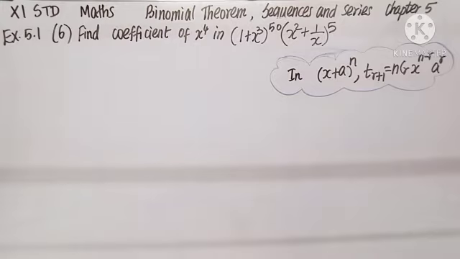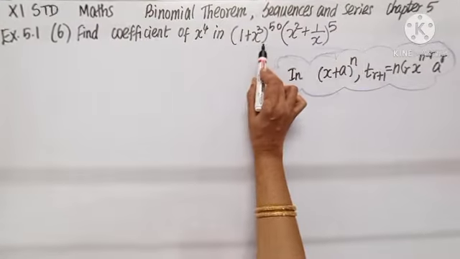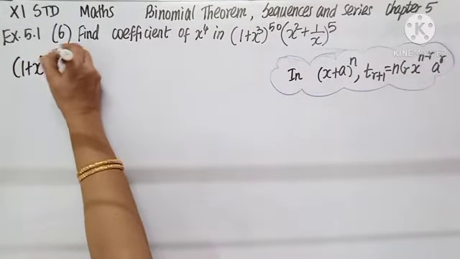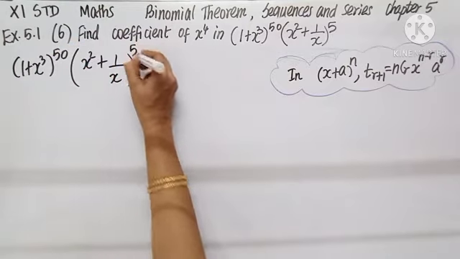Question number 6. Find the coefficient of x power 4 in (1 plus x cube) the whole power 50 into (x square plus 1 by x) the whole power 5.